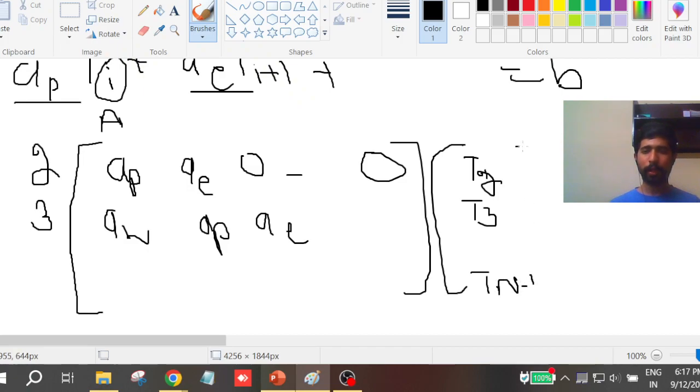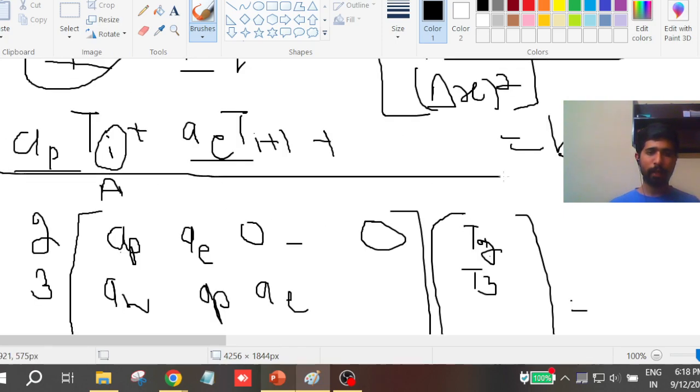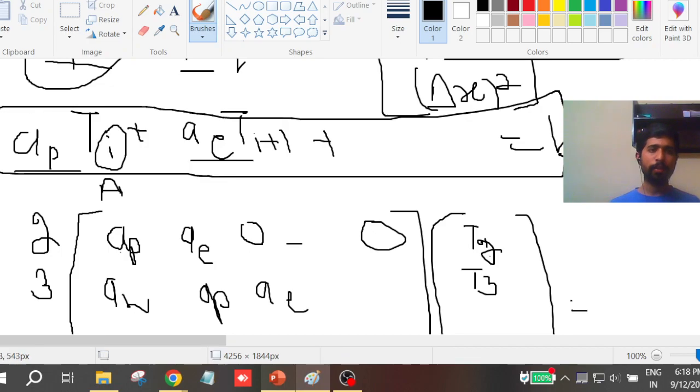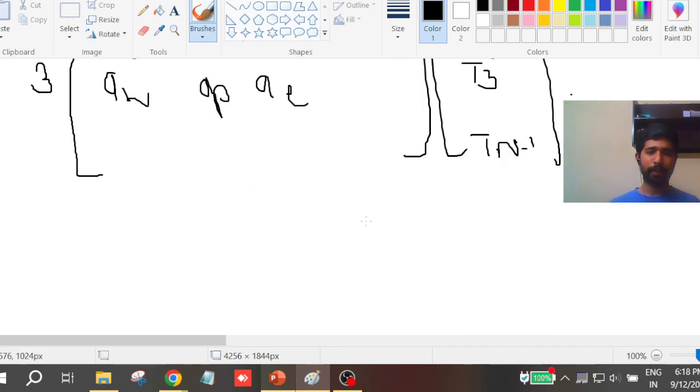Now you can clearly see that AP into T2, AE into T3 for i equal to 2 will be equal to B2. There is also a column matrix here, B1, B2, up to Bn minus 1. So whatever equation I have written here will perfectly match this matrix format.